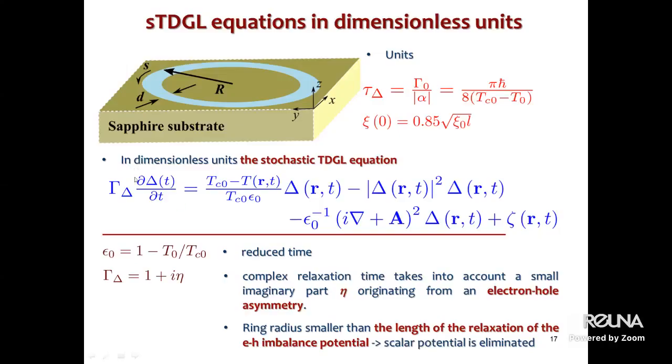Basically it should be gauge invariant, but because the electron-hole imbalance length is much larger than the radius of the ring, its contribution is negligible. Also, based on the above assumption, we introduce a complex relaxation time. As I said, this relaxation time accounts for a small imaginary part originating from electron-hole asymmetry.